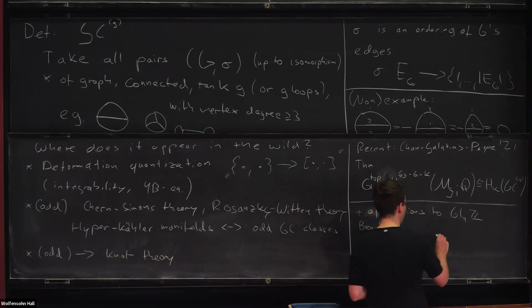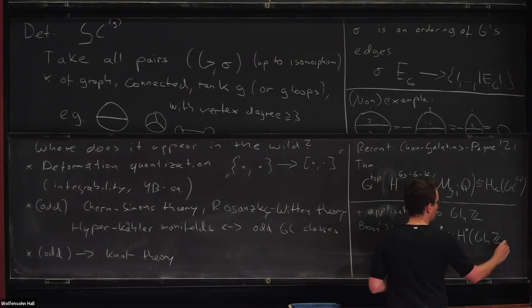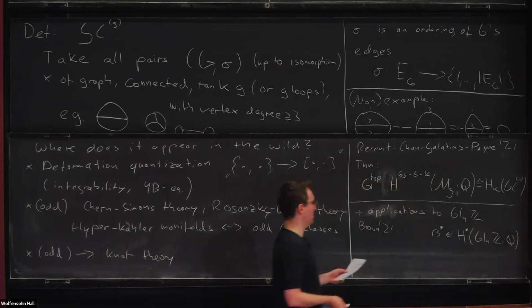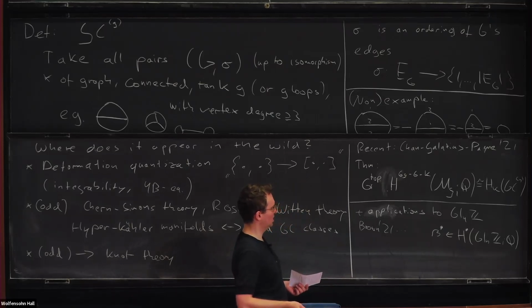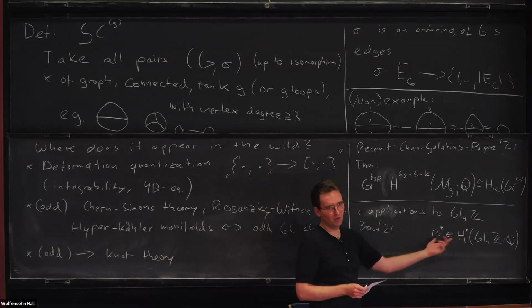But one specific nugget is that you can take a class from the group cohomology of GLNZ, which is a very basic object in mathematics. This is a specific family of classes.